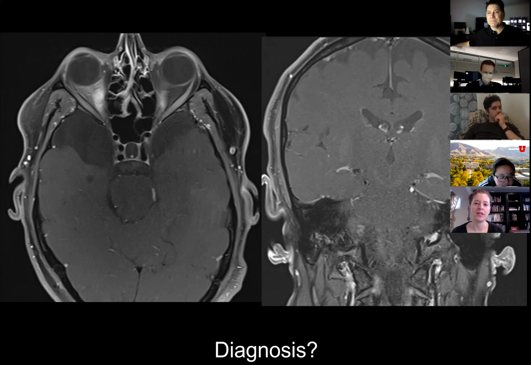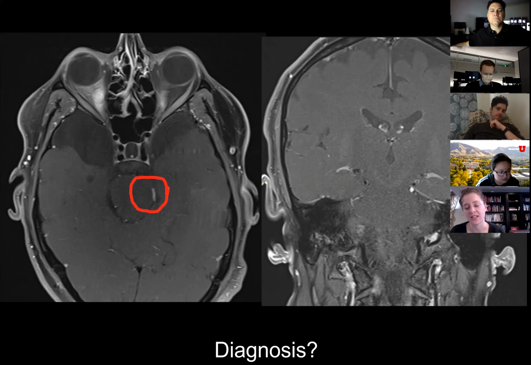So now I'm looking at the axial with new enthusiasm, and I think I see a kind of tubular enhancing structure that is around the medial temporal horn space.